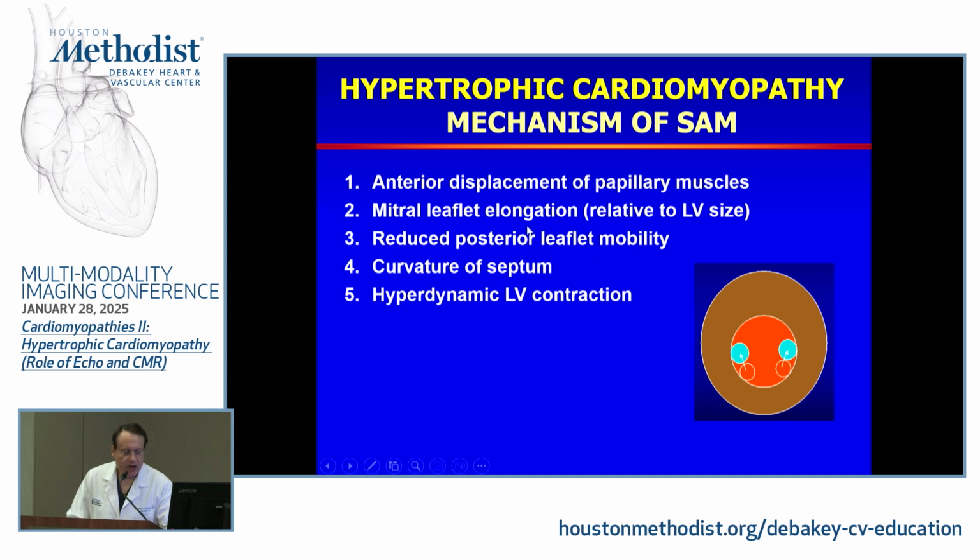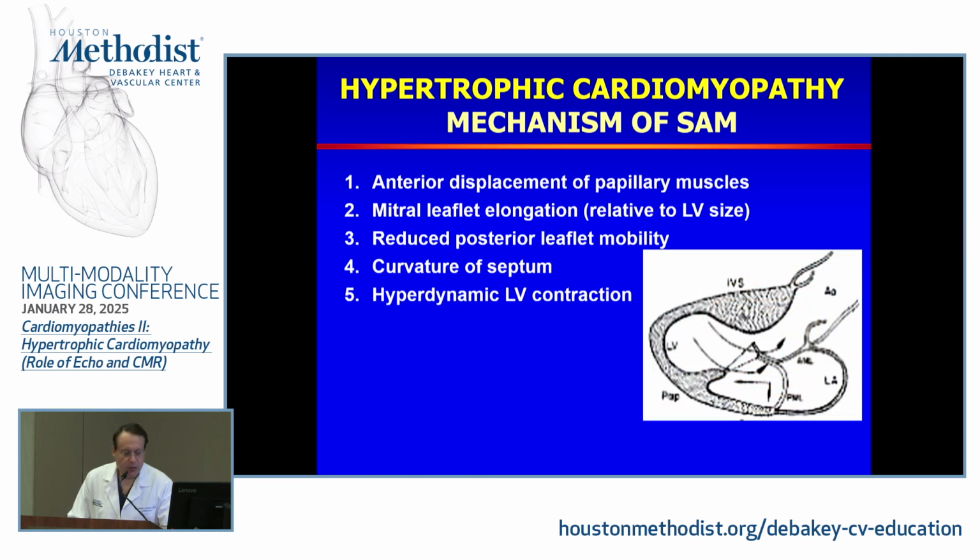Again, there are some structural changes in these ventricles. First, there is an anterior displacement of the papillary muscles that brings the papillary muscles and the whole mitral valve apparatus closer to the septum. Then there is also mitral leaflet elongation. So many times these patients may have some degree of thickening, but more importantly, elongation of the leaflets.